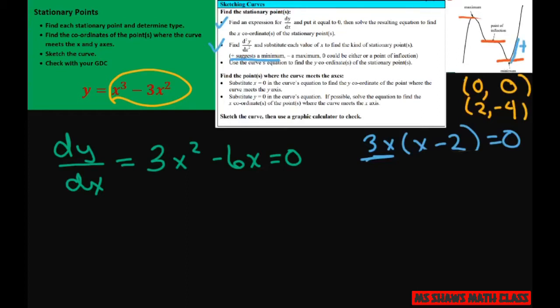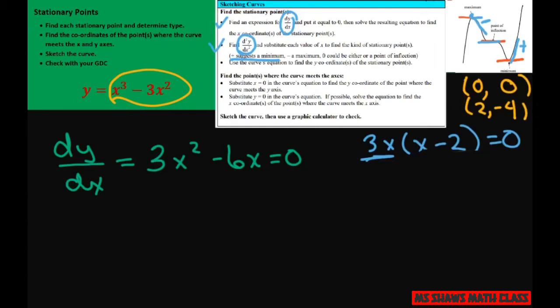If it's negative, then the gradient of this tangent line is negative on the right side of the minimum. If it's 0, the 0 has to be with the second derivative and the first derivative. It could be a point of inflection. So let's see what we get.